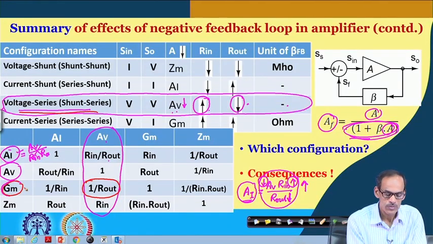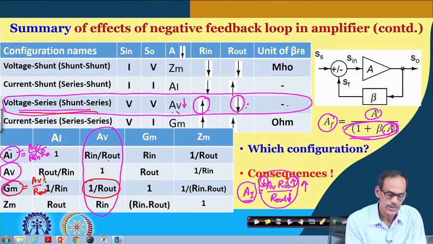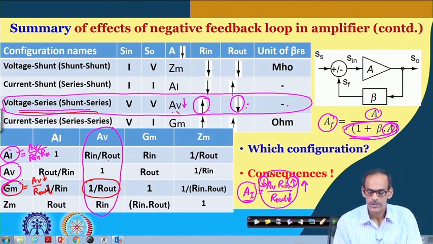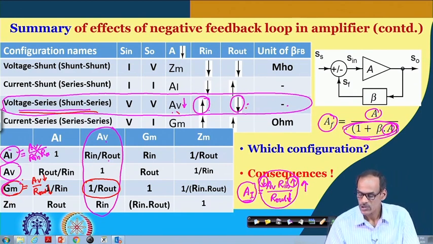This is equal to AV divided by R out, and as this table suggests, both AV and R out are getting decreased, and hence this Gm does not have any change. So, Gm remains unchanged. And then if you look into the transimpedance Zm.